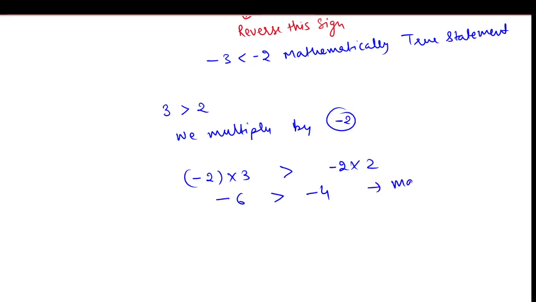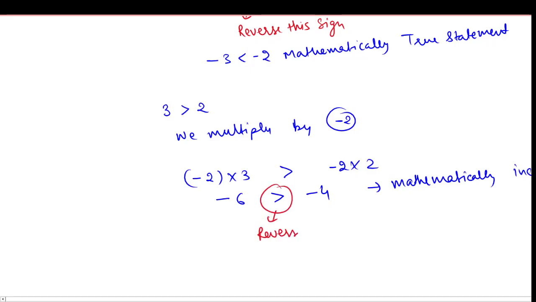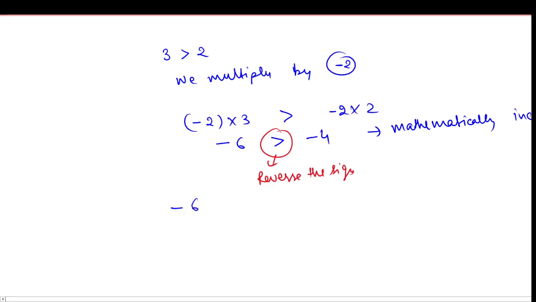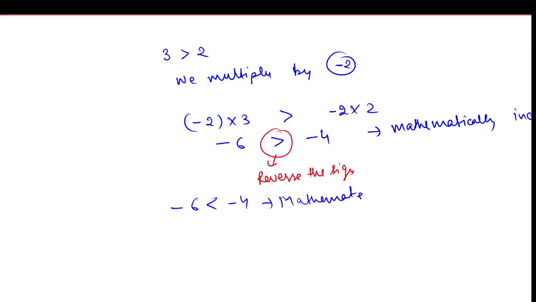This is mathematically incorrect, so we reverse the sign. Therefore, now we have minus 6 less than minus 4, which is a mathematically true statement.